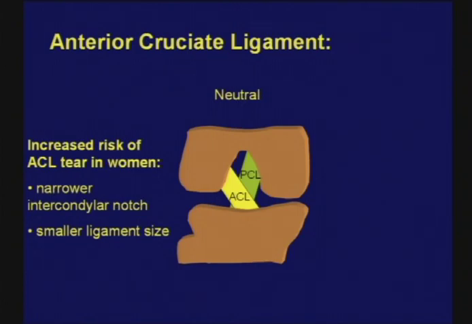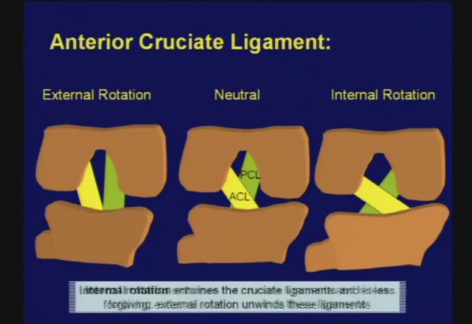One of the theories suggested that the intercondylar notch in women is in fact narrower than that in men. But counteracting that, of course, is that the ligament size is smaller in women than in men. So it isn't entirely clear why it is women who are particularly prone, when involved in athletics, to get tears of the anterior cruciate ligament.